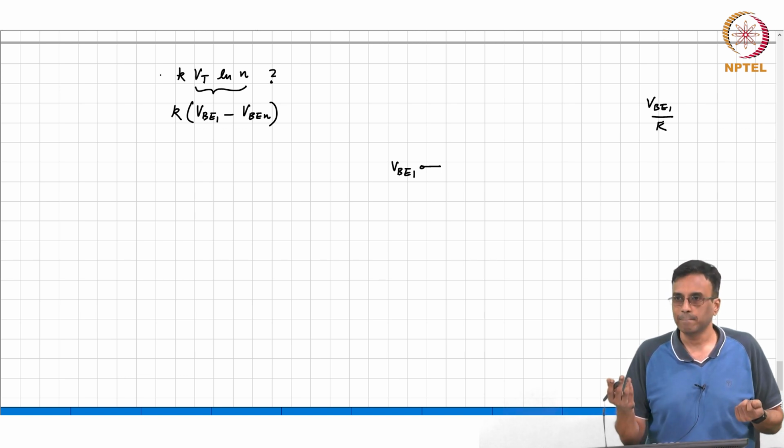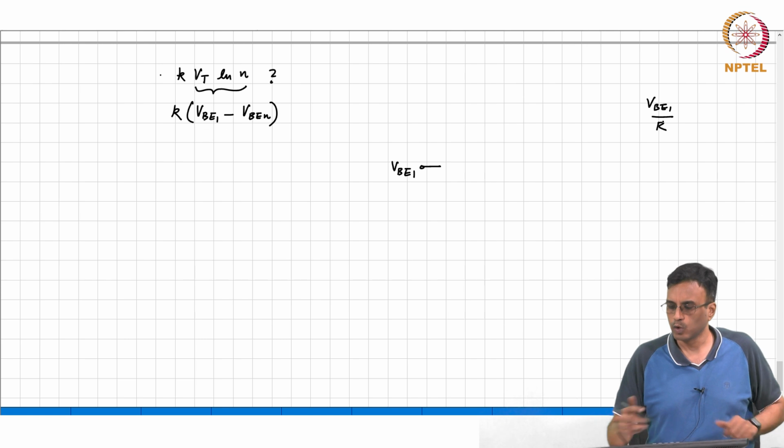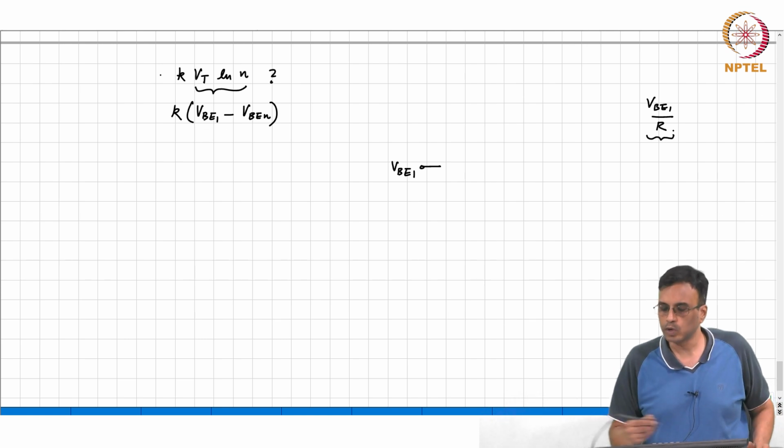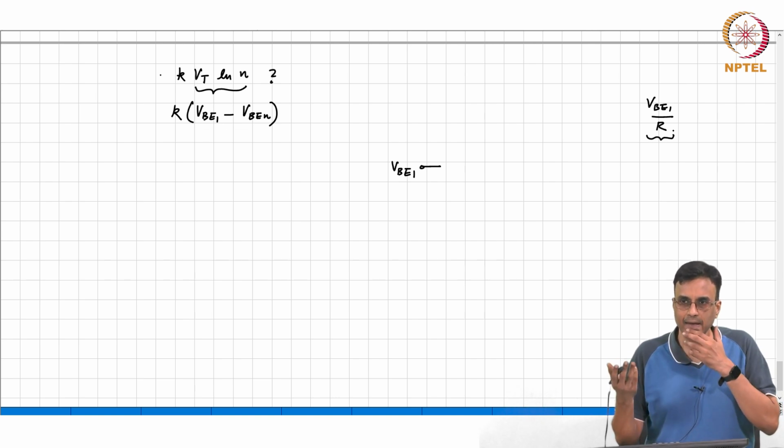And if you're in a lab and you have a variable current source and you want that variable current source to be equal to Vbe1 by R, what do you think you will do? Very good.